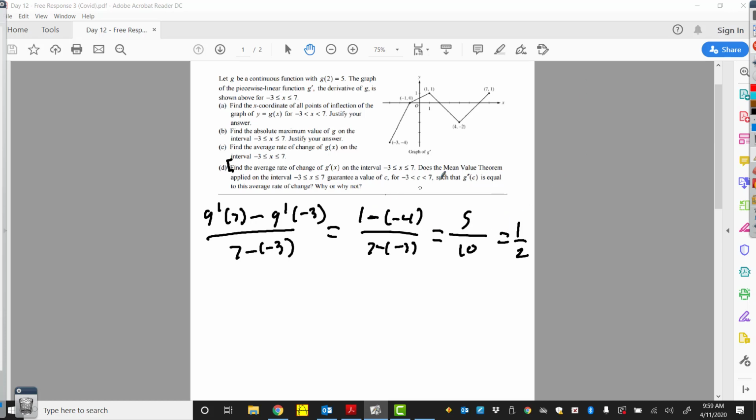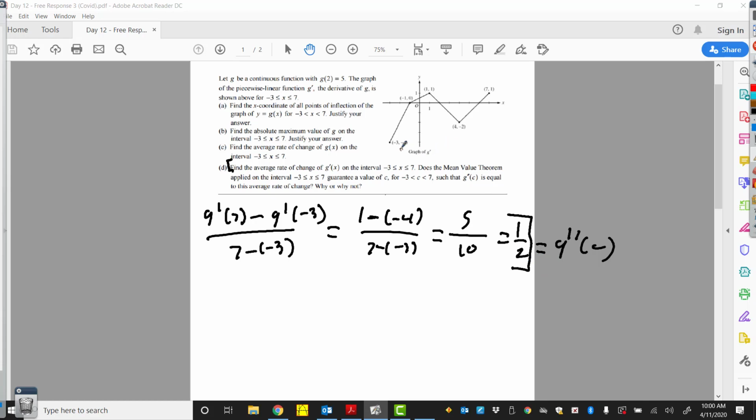So we have to think, what does it mean for the mean value theorem to apply? The function has to be continuous and differentiable, and for that to be the case, then that tells us that our average rate of change is equal to the exact rate of change. Well, we first need to check continuous and differentiable.